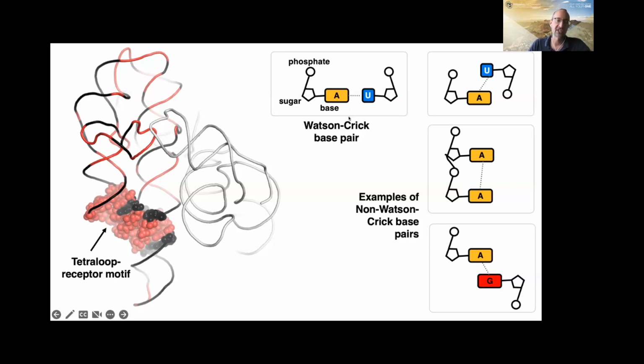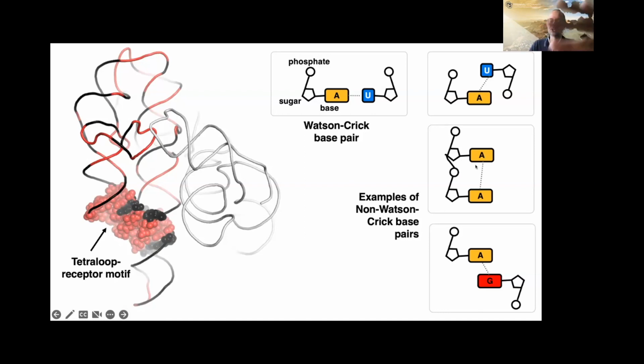And so, for example, as interactions within this region, if we compare to the AU base pair that you're very familiar with as a player at Eterna, here we see some kind of AU where the U is not at all as it is in a Watson-Crick pair, but yet you still have some kind of interaction, like shown on the top right here.